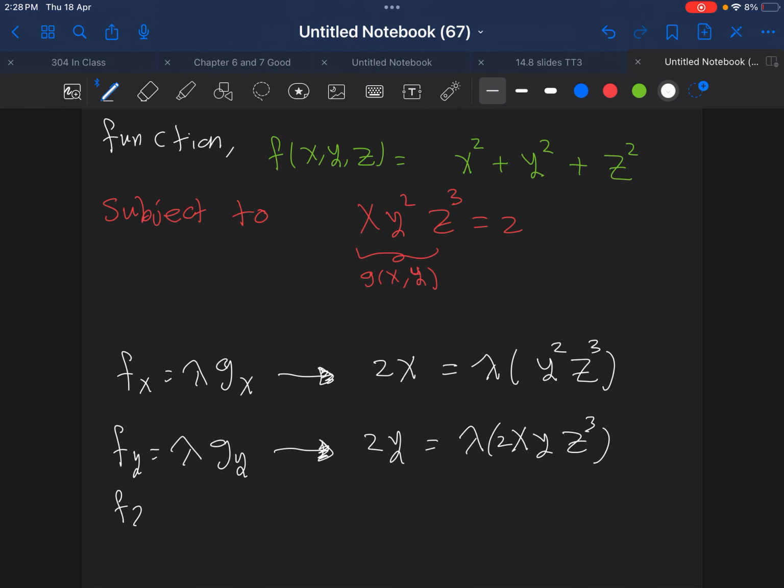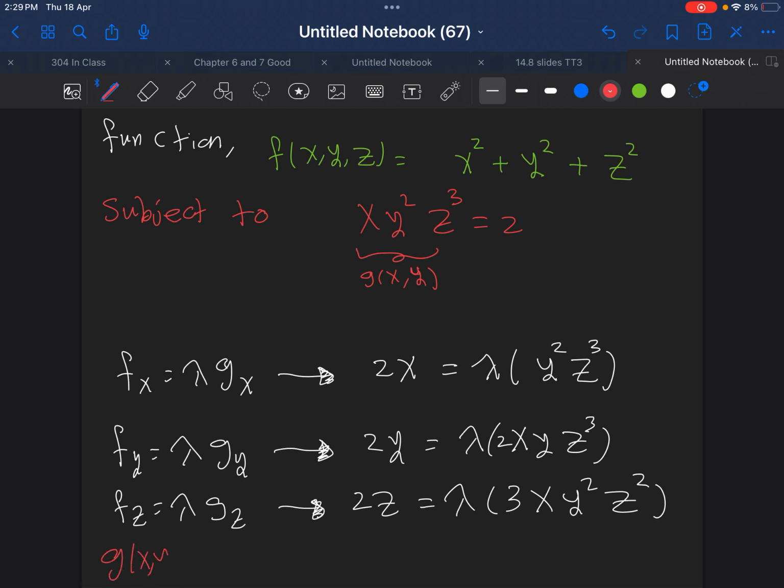And then we have fz equals lambda gz, and this gives me directly 2z equals lambda times 3xy squared z squared.